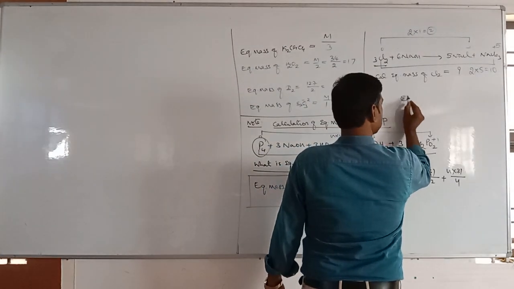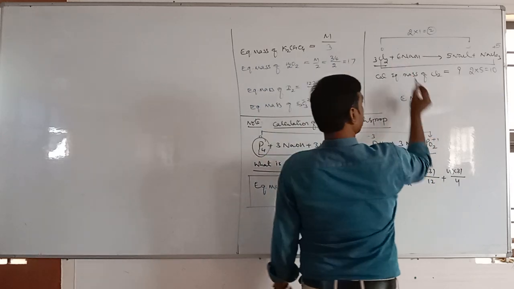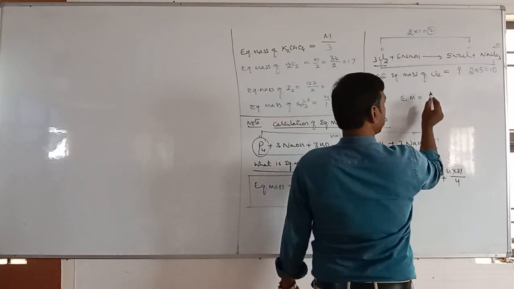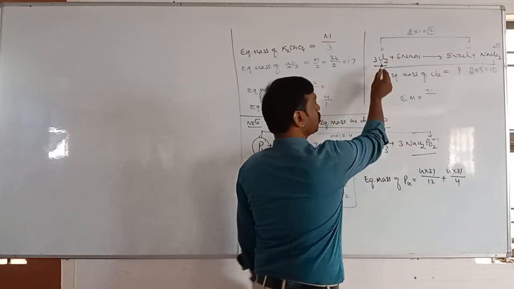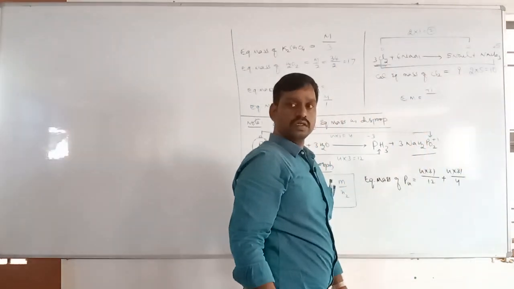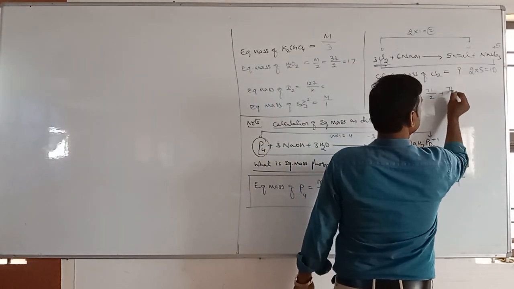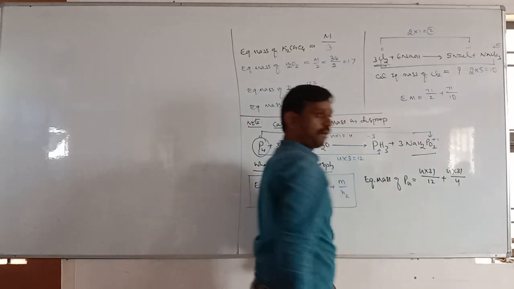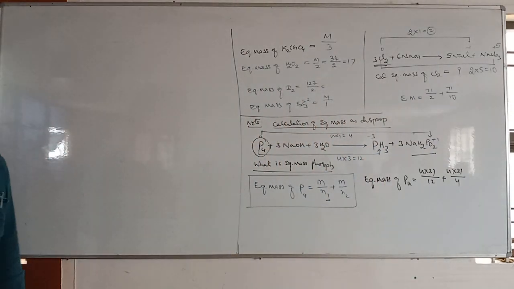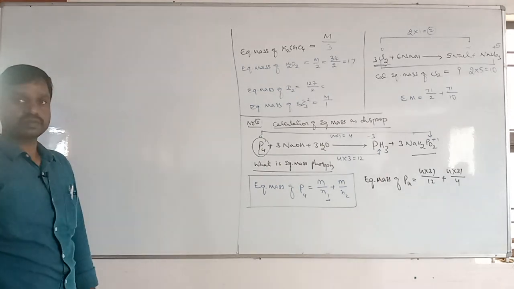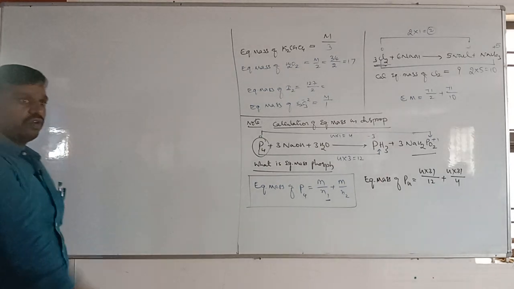So equivalent mass equals the sum of the equivalent masses. What is the molecular mass of chlorine, Cl2? It is 71. So 71 by 2 plus 71 by 10. This is in a disproportionation reaction. So that is the first application, which we have studied in detail.